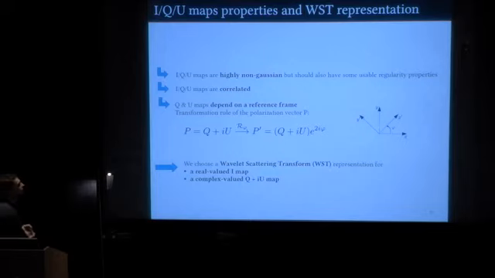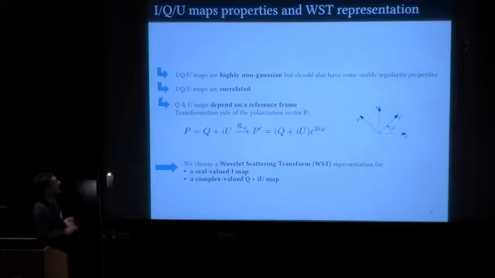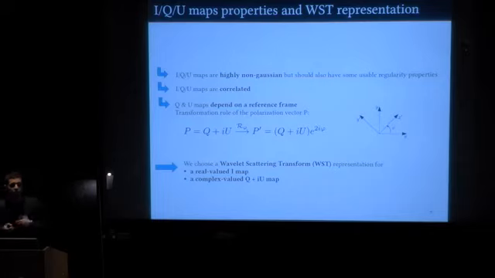So these are the properties of our data. They are highly non-Gaussian, they are correlated, and there is a specific property concerning Q and U maps. They depend on a reference frame. Actually, when doing some polarization measurements, you first need to define a reference frame. And so Q and U quantities depend on this reference frame.